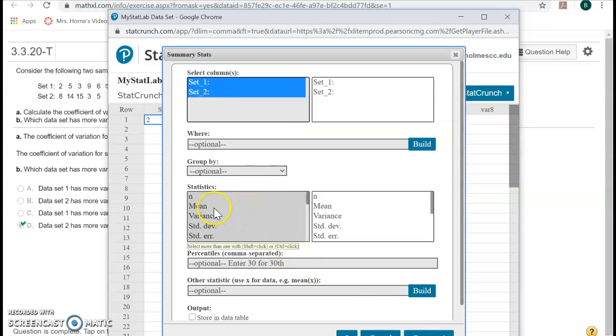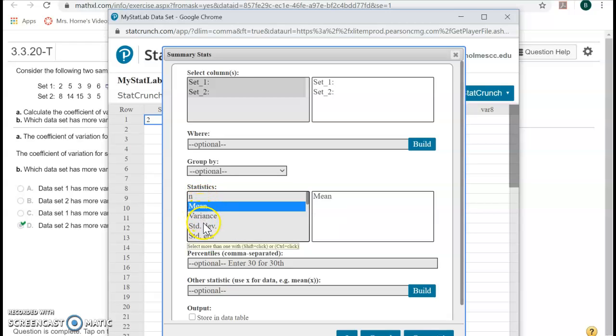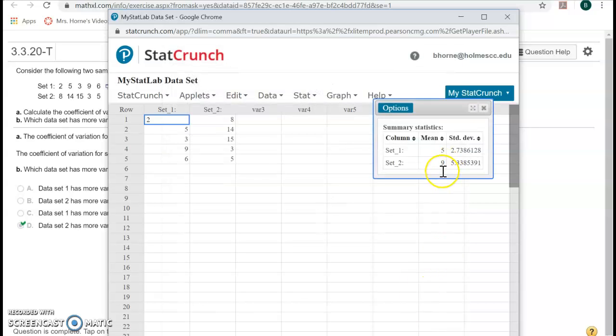And let's do, all we need is the mean, and press Control and standard deviation. Let's see if we can get it that way. Yeah, so remember we did get 5 and 9 for our mean, and our standard deviation is 2.74 and 5.34.